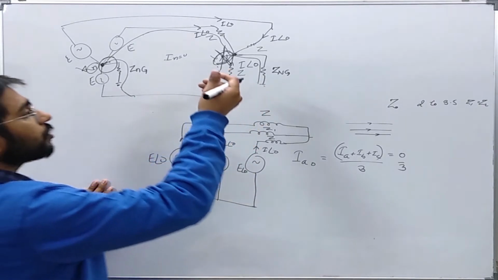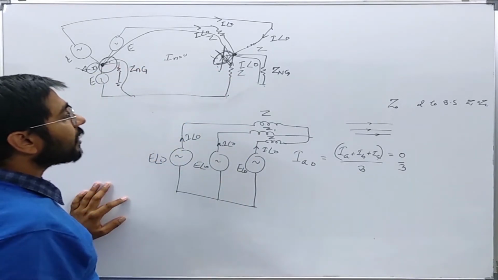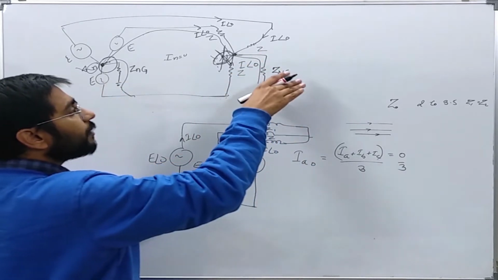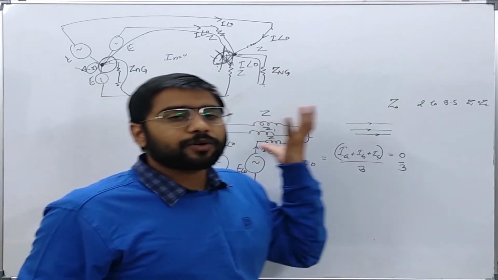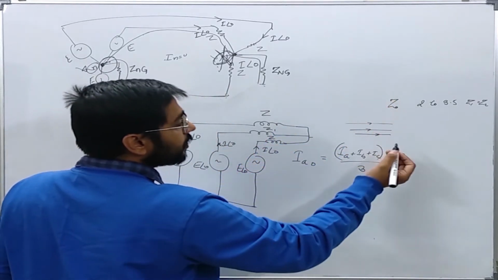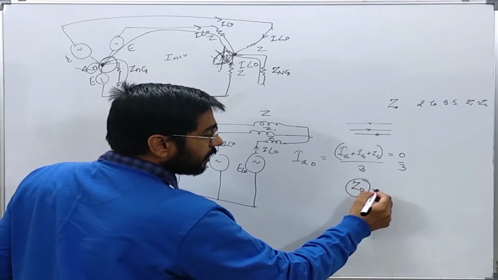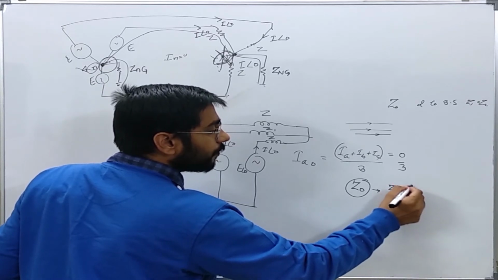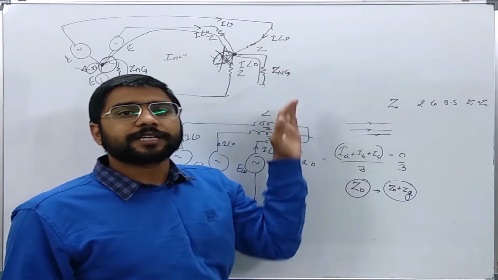Let us say I want to find the zero sequence impedance and network. Usually for transmission lines and other equipment, whenever there is some impedance of ground, it is usually taken care of in the zero sequence impedance only. For a transmission line, this zero sequence impedance includes the impedance of the wire as well as the effect of ground also. Similarly, in every case the effect of ground is taken.